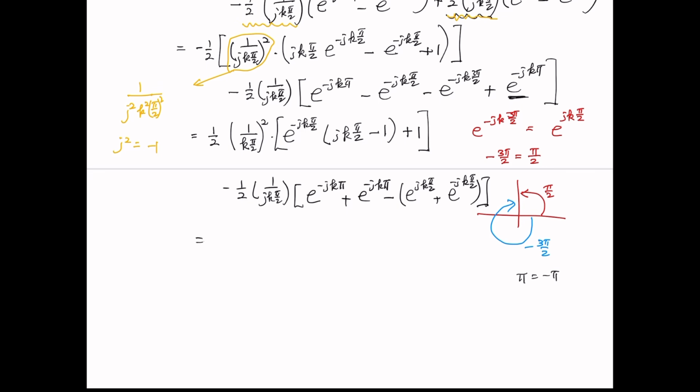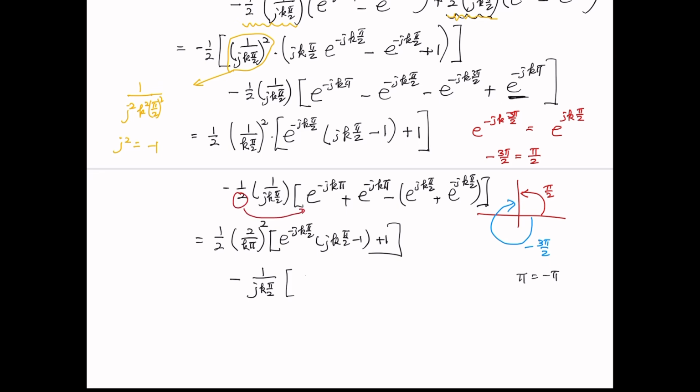So if we rewrite this 1 over 2, 1 over k, 1 over 2 times 2 over kπ, I'm going to take the denominator, the 2, to the numerator, and we have e to the negative jkπ/2, jkπ/2 minus 1 plus 1, minus 1 minus 1 over jkπ/2, and we're going to bring this 2 inside.